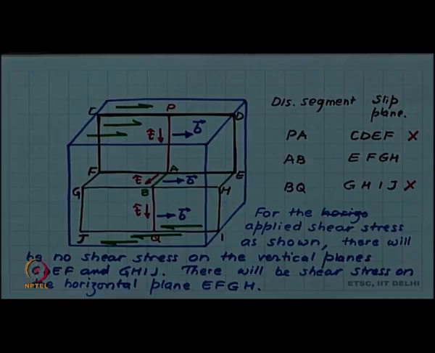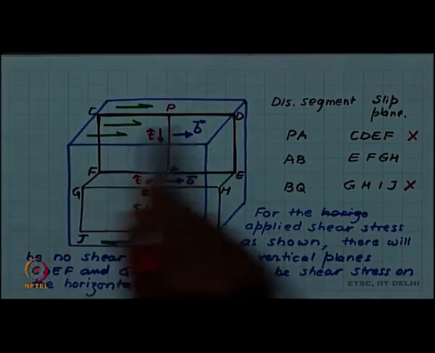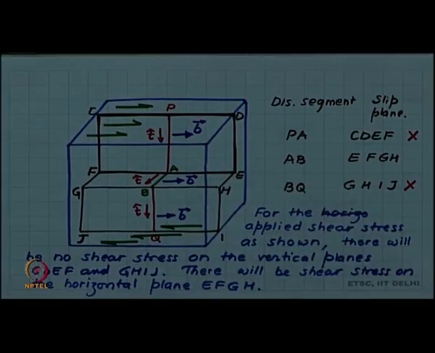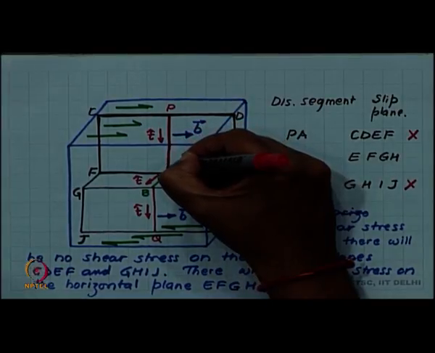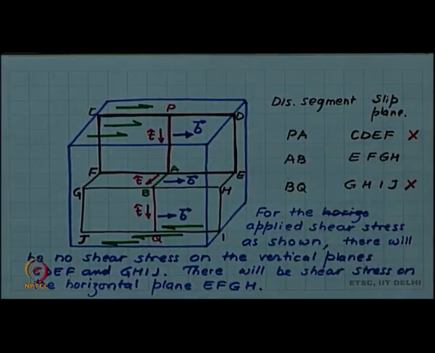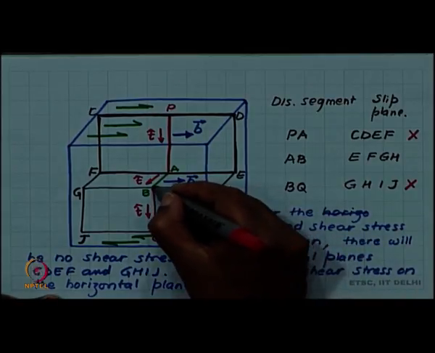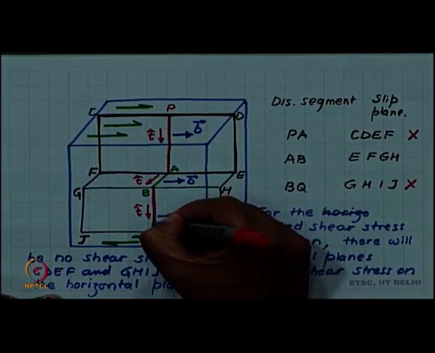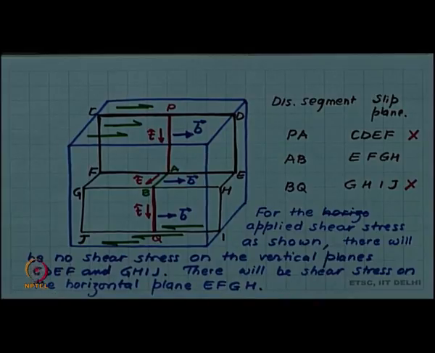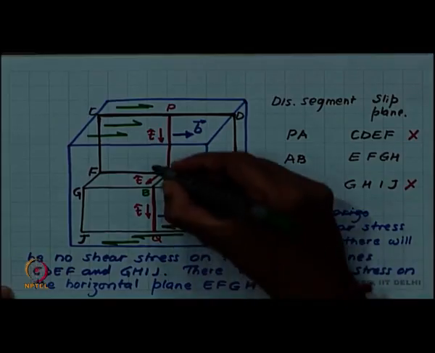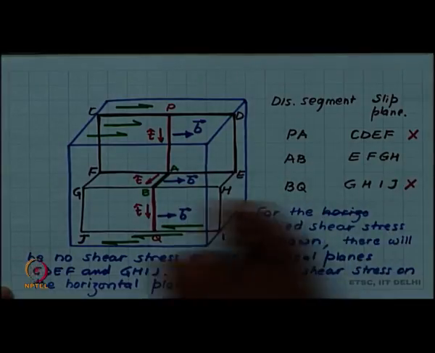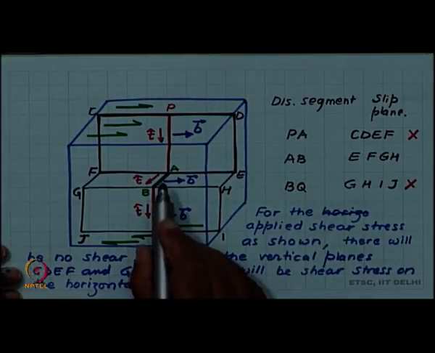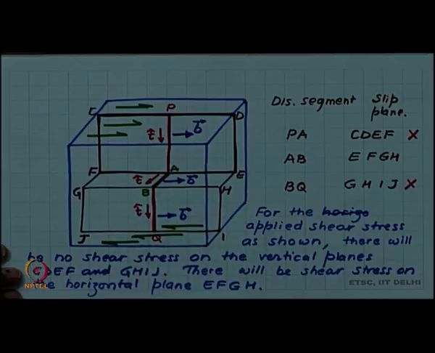This will have an interesting consequence. There is no shear stress on CDEF. So, there will be no tendency for the dislocation line segment PA to move. So, PA will not move. Similarly, BQ will not move. So, PA and BQ will be immobile, but the dislocation segment AB will feel a stress in its own slip plane, and so it will like to move according to that stress.